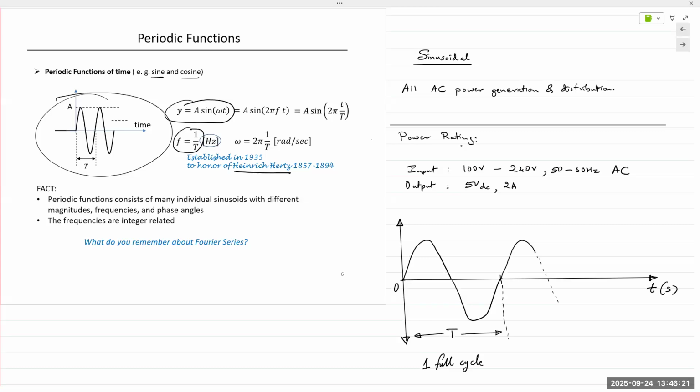So what does this A stand for? The A actually stands for this peak right here. And this would be minus A. So the A stands for the peak value of the waveform.